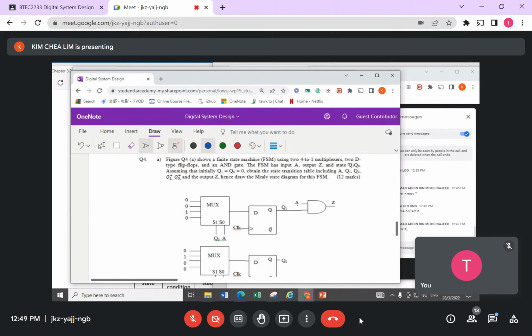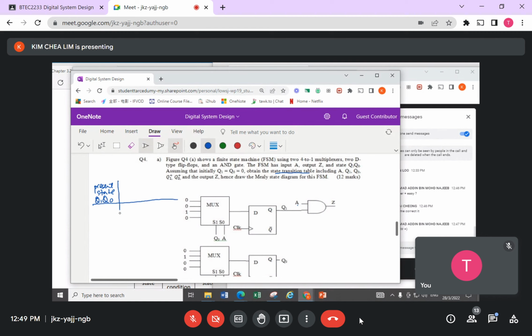What do they want? They want me to come up with a state table. So here there is space, I can write here. Since they want a state table, the standard way is present state. My present state here is based on Q1, Q0.